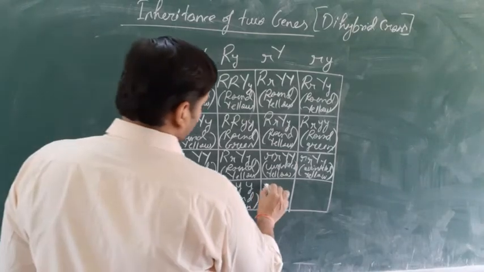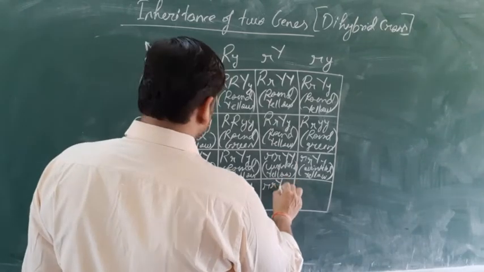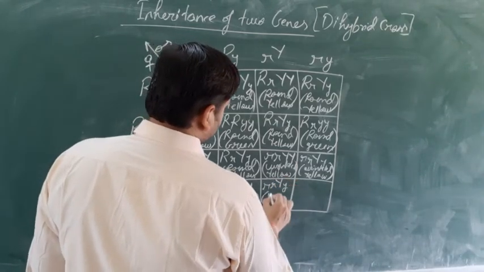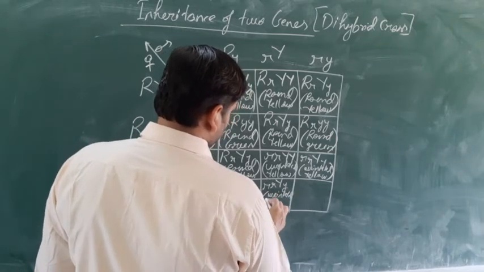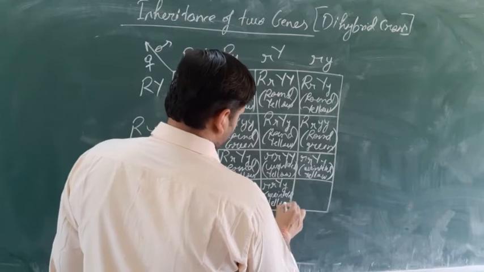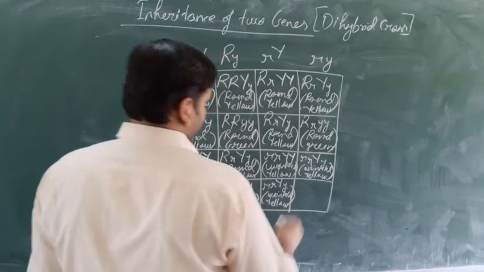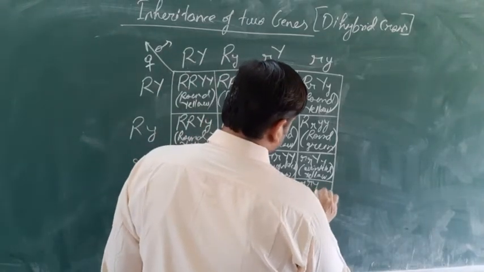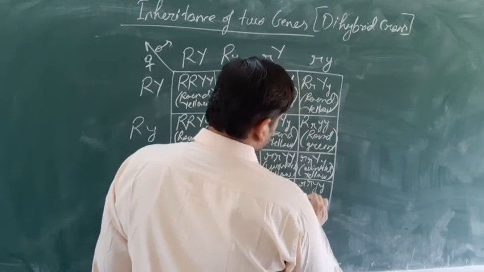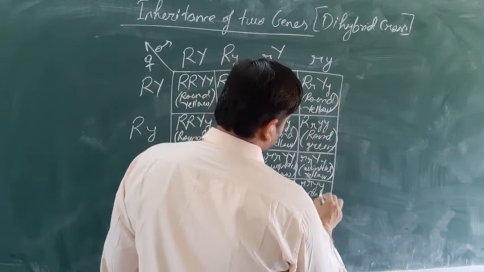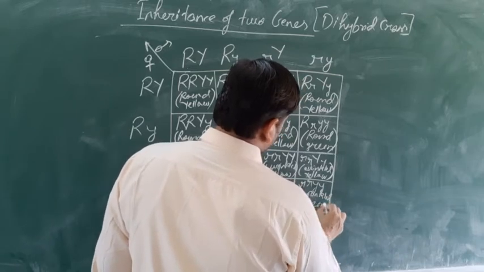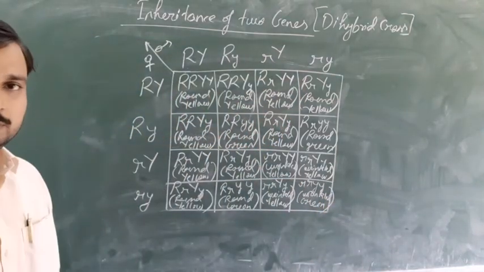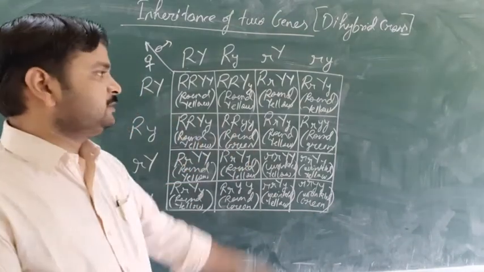Then small r capital Y small y, it is wrinkled yellow. And here there is small r small y, it will be wrinkled green. Clear? So this is the complete Punnett square.